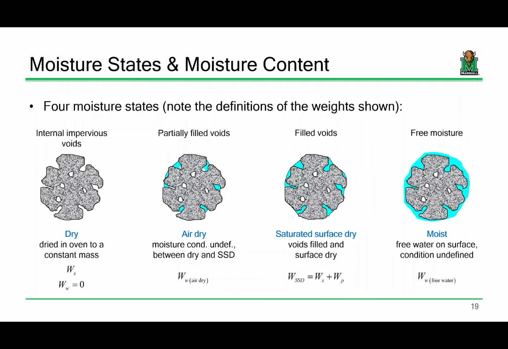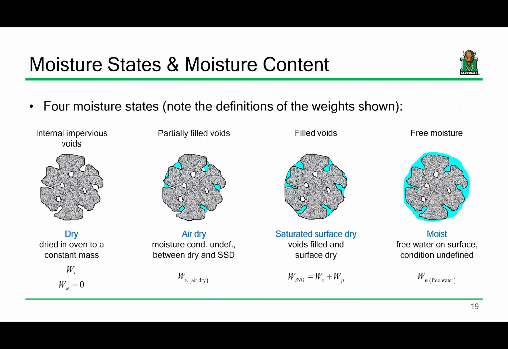So this is the state where the sponge has accepted internally as much water as it can. We'll call this the weight of the solids, and this weight, W sub P, says all the pores of that aggregate are filled with water. The real world is probably going to be either here or here.